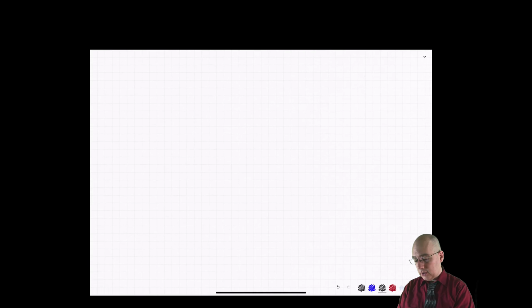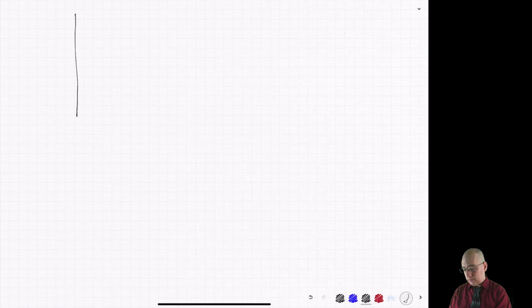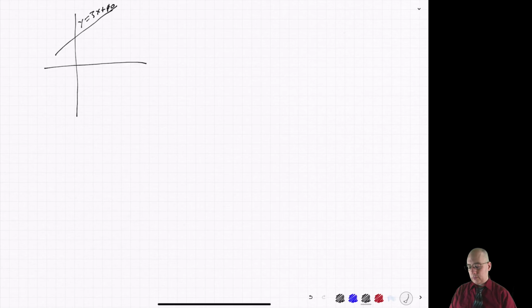Anyway, the problem will be, we have a line, y equals 3x plus 10, like so, and there's a point we choose somewhere, say that's L, and this is our area.